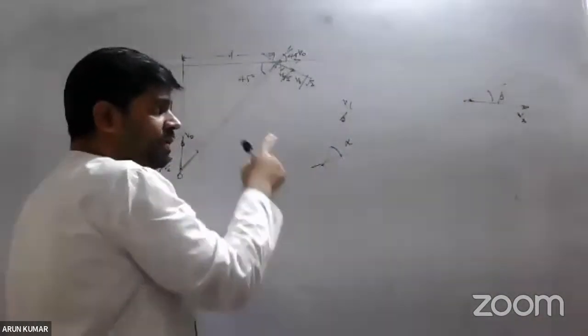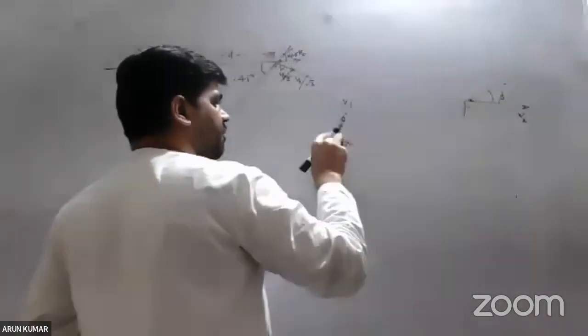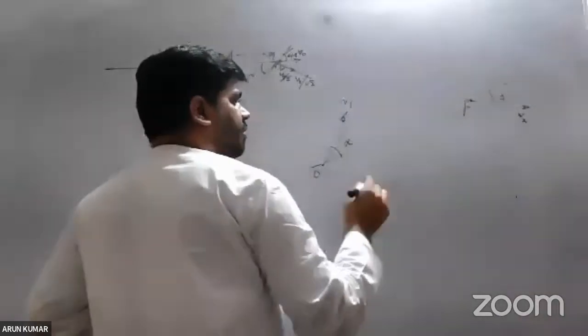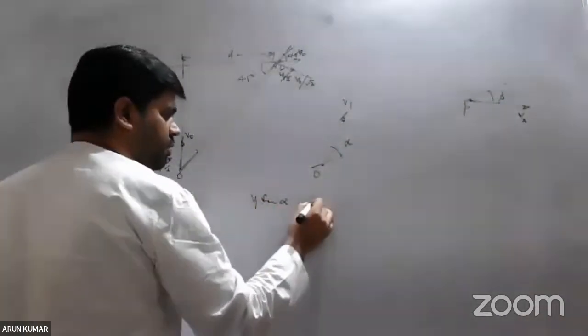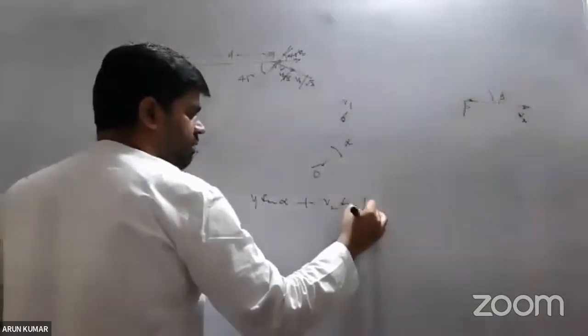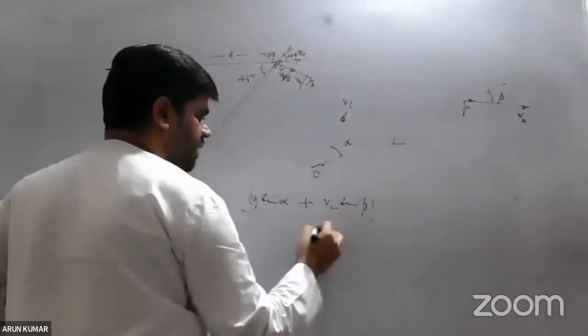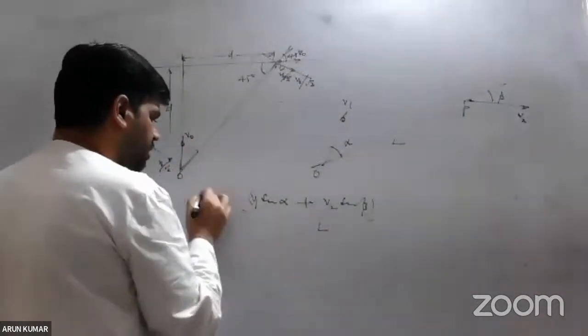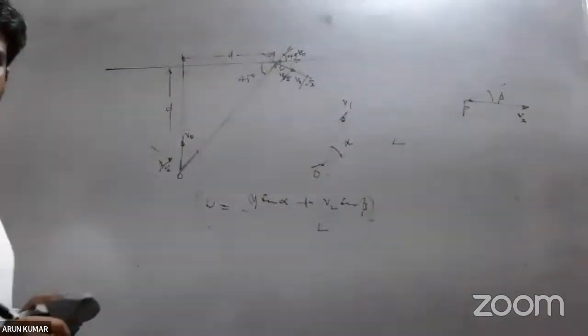Now, what is the relative velocity perpendicular to the line joining O and P? v1 sin alpha, v2 sin beta. So v1 sin alpha plus v2 sin beta by the distance between them, let's say L. This is my angular velocity of the point P about O.